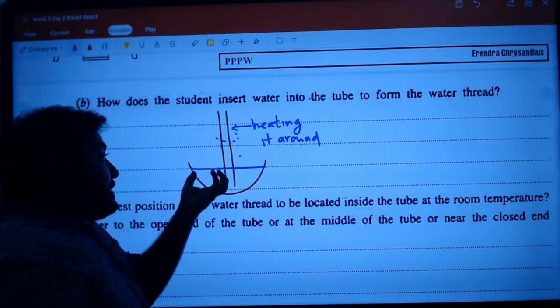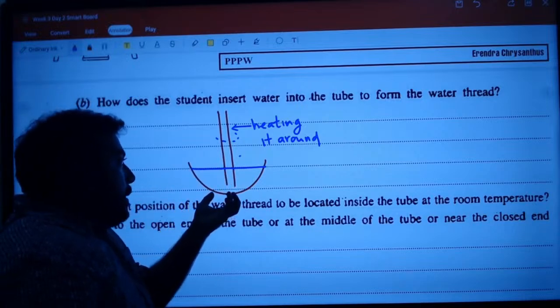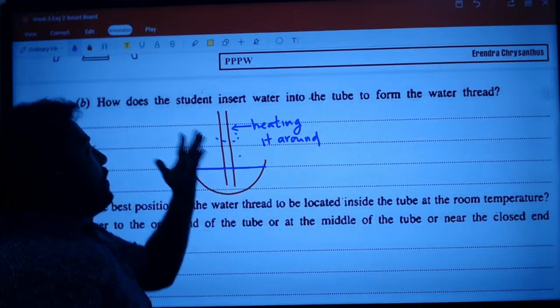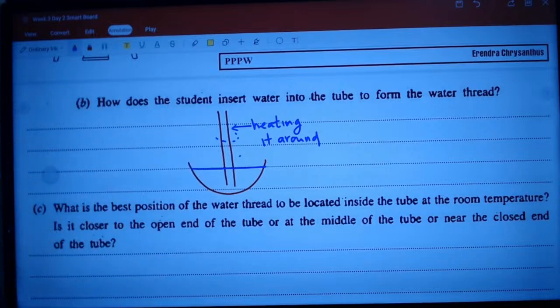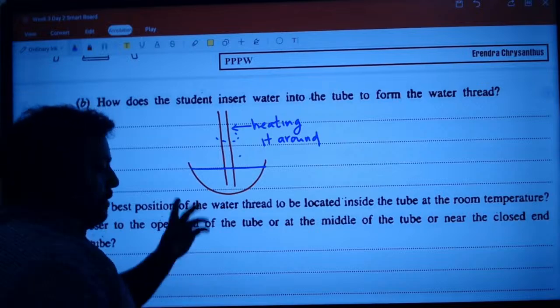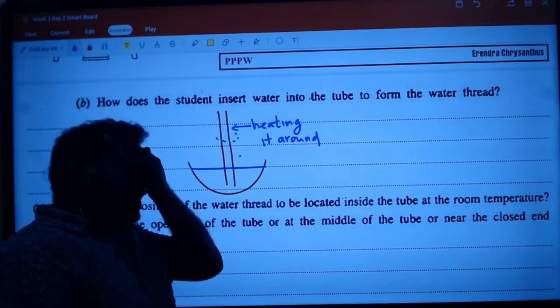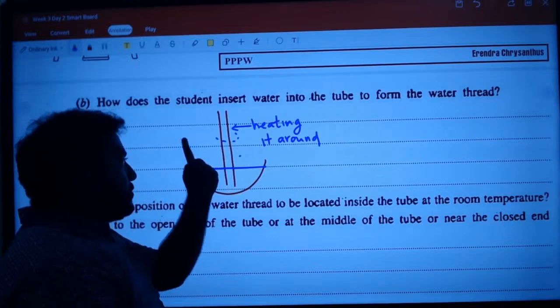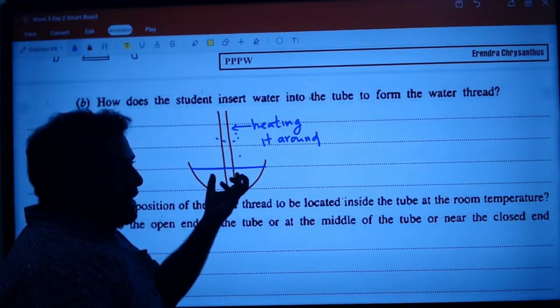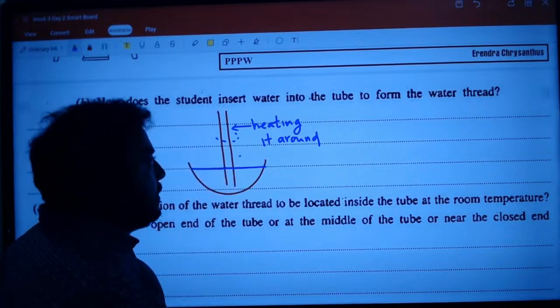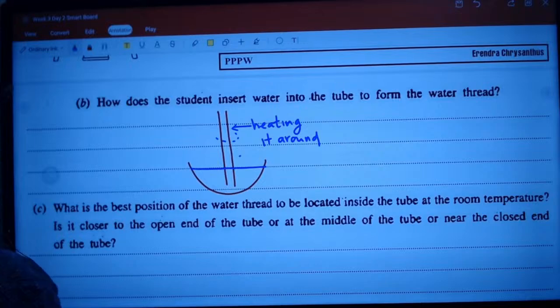This creates a sudden push for the liquid to pass through. So the same way we can use it for mercury: heat around, insert into water, suddenly cooling, suddenly there is going to be a sudden water thread jumping in.